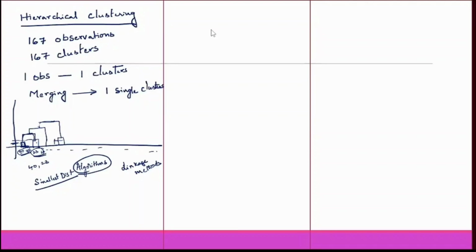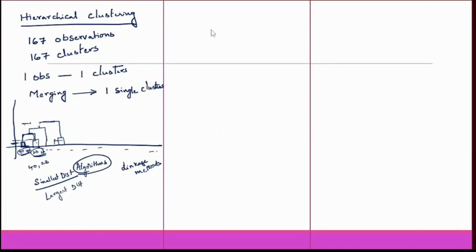Or sometimes we'll go for the largest distance. So whichever is the maximum distance between these two, let's say 70 and 66, they have the largest possible distance. So these two clusters will be combined at that level of distance. The largest distance is somewhere here.